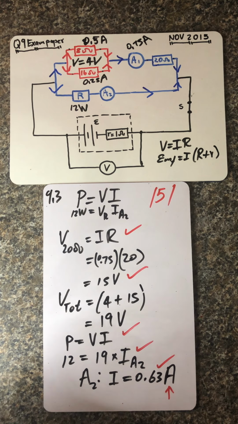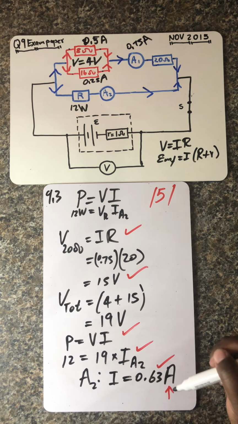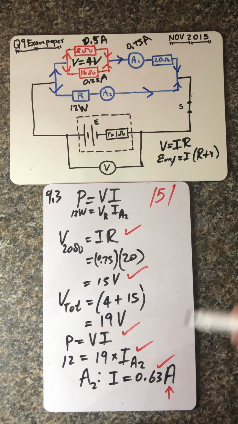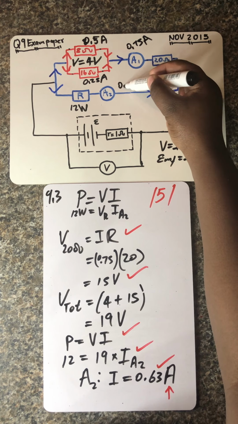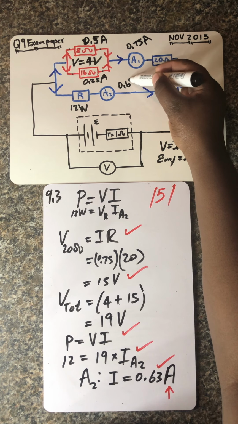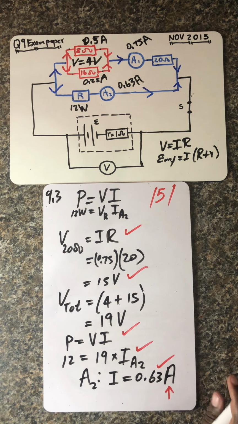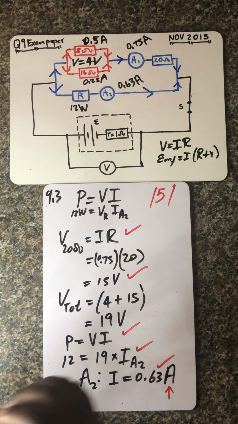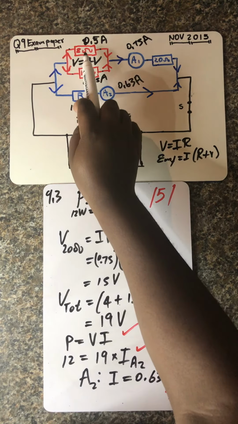9.3. So in terms of the current, guys, that means the current flowing there is 0.63 amperes. Let's just do some comparisons, guys. Can you see there on that branch?